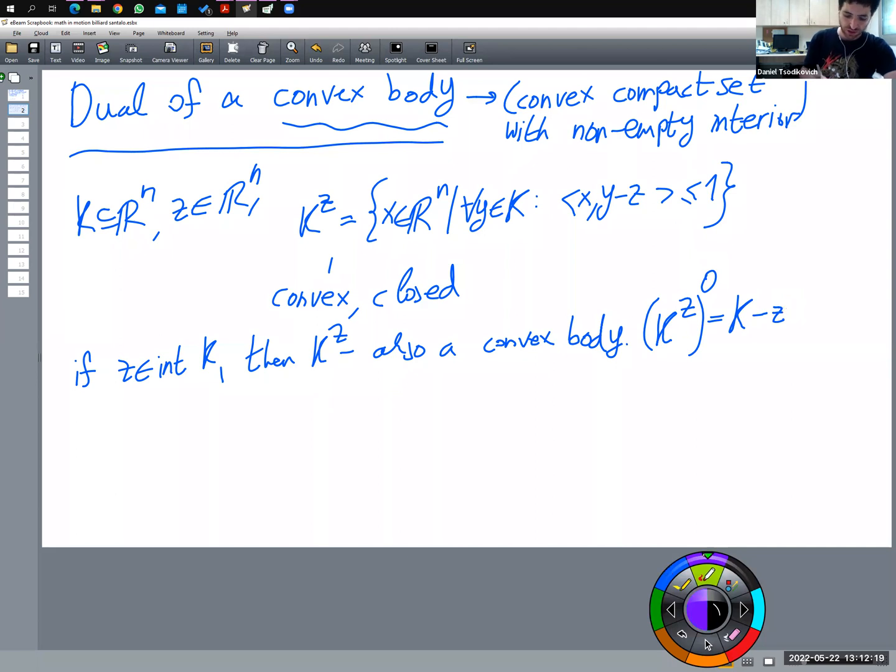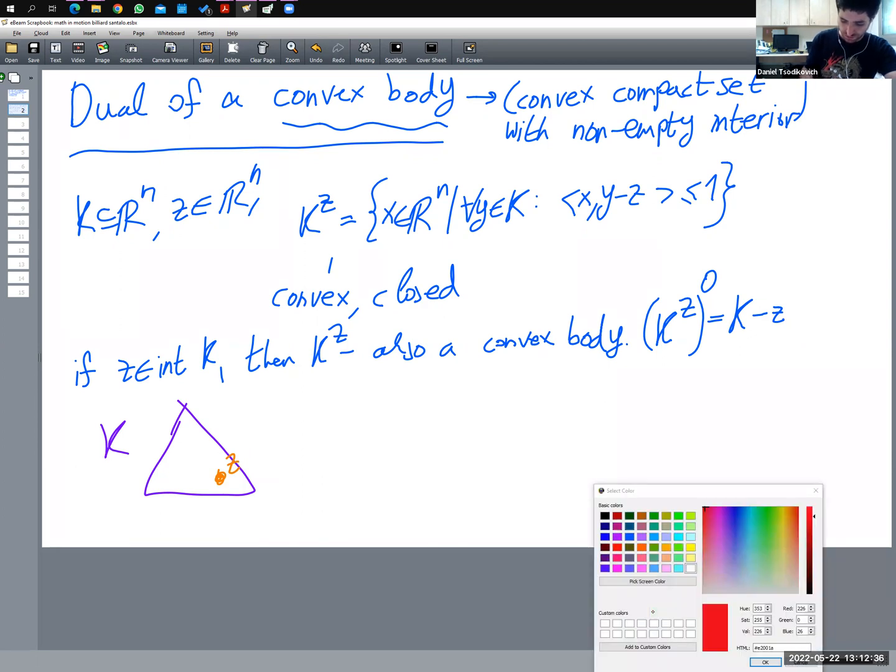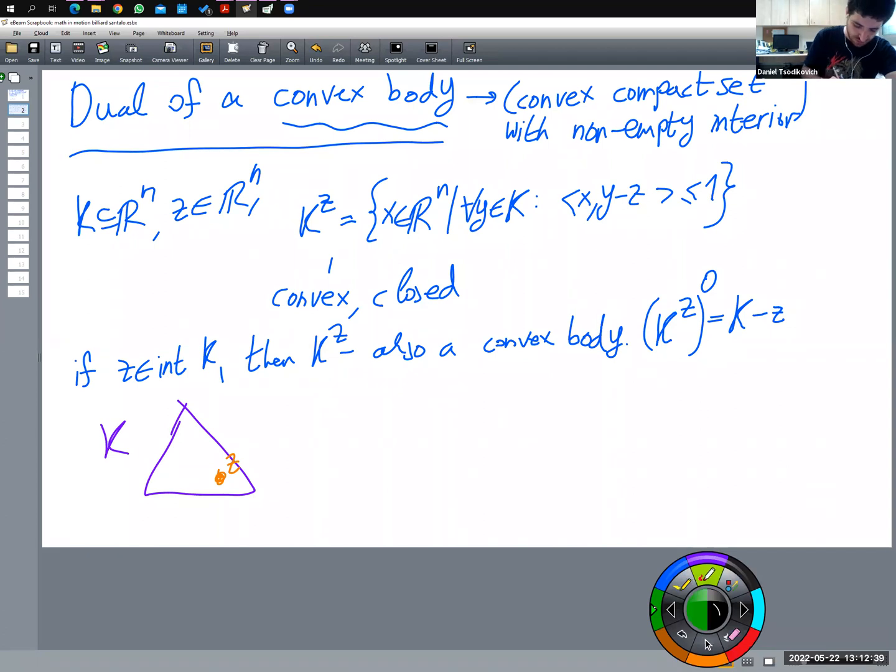So if K is a triangle, and this is the point Z, we take the unit ball centered at Z. Then we take the segments that connect Z with the vertices of K, and we invert them with respect to this circle.